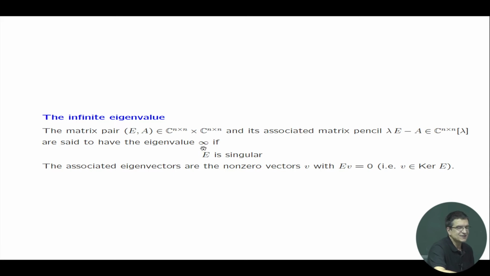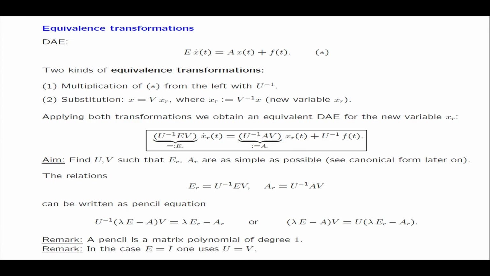Infinity is said to be an eigenvalue of that pair if the matrix E is singular. And the associated eigenvectors are then the elements of the kernel of E. So this is the convention here.